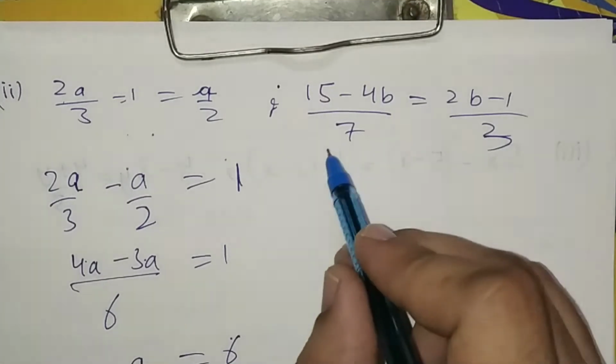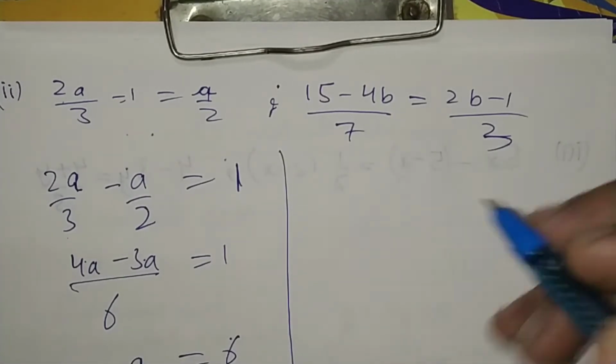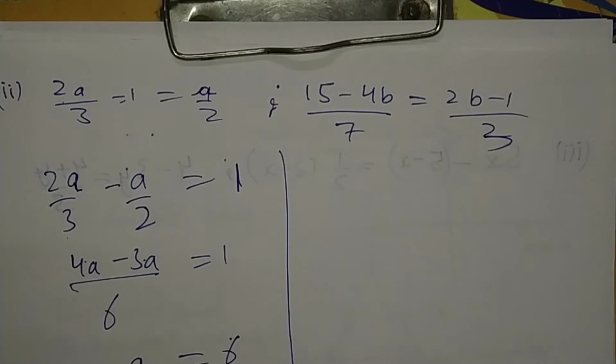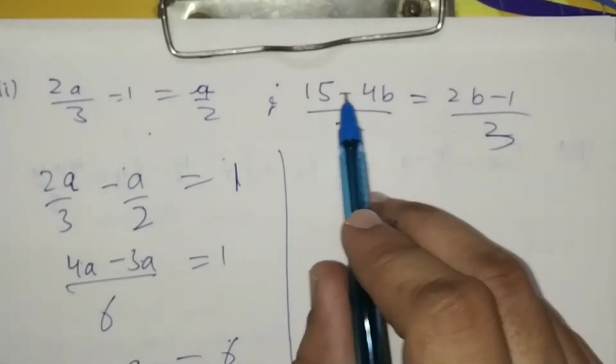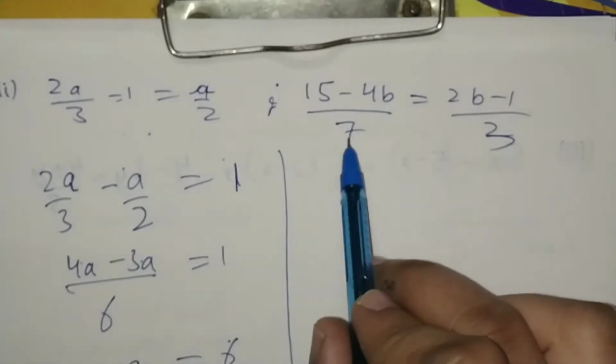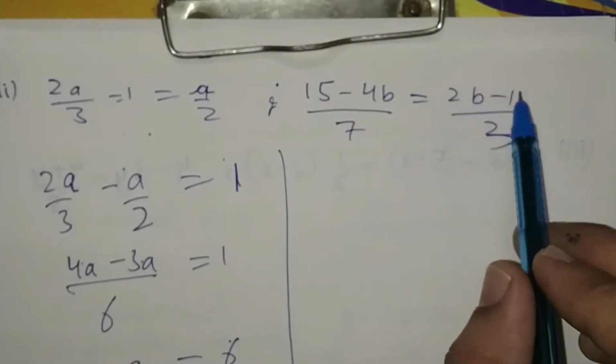Now this is your second equation. 15 minus 4b upon 7 is equal to 2b minus 1 upon 3.